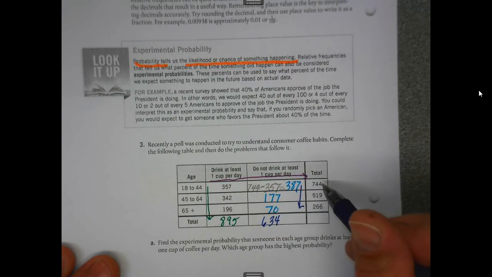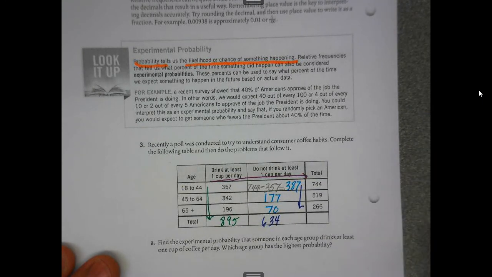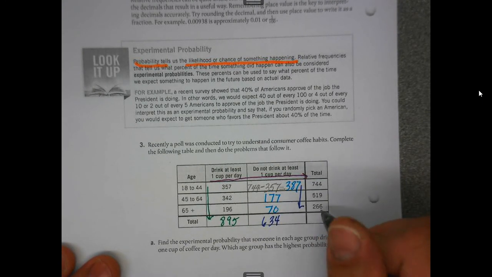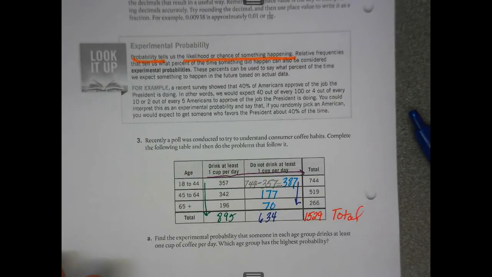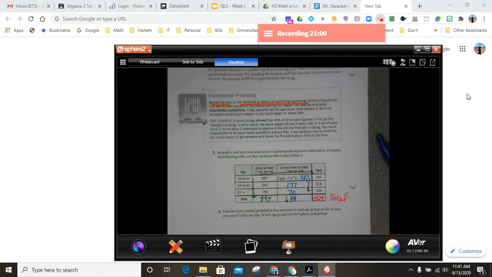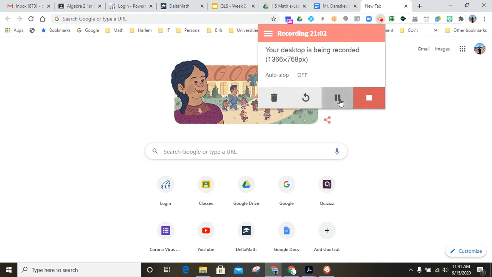Okay, A says find the probability that someone in each age group drinks at least 1 cup of coffee per day. Which age group has the highest probability? So I'm going to look at each one. The first one, 18 to 44.